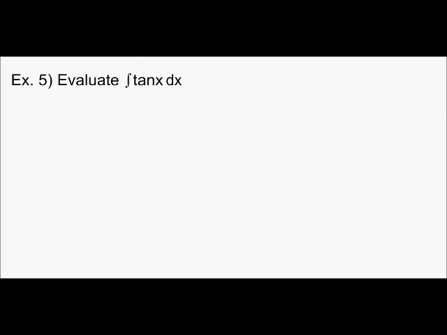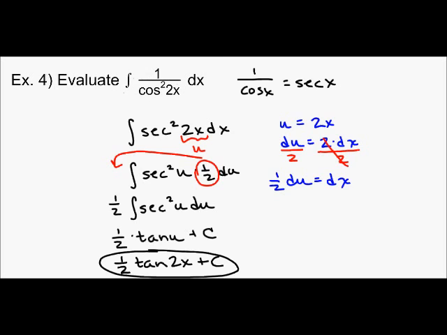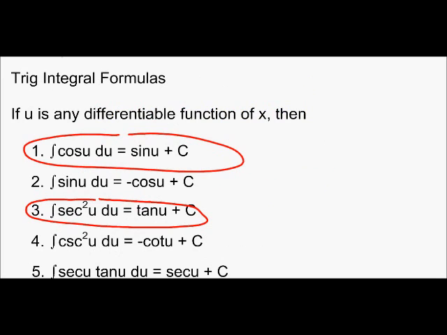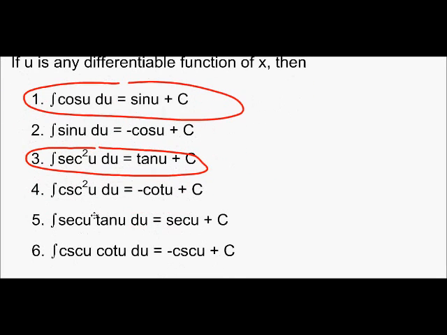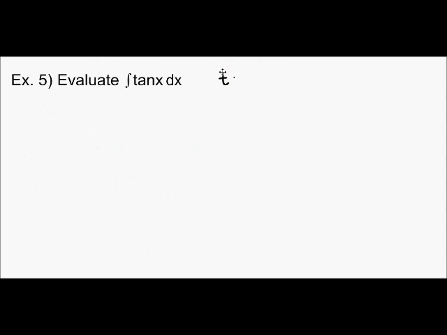Example 5, evaluate the integral tan x dx. And again, looking back at our integral formulas, notice that none of them has a tan x here. So we're going to use some trig identities to rewrite this problem. Remember from pre-cal that tan x is equal to sine x over cosine x.